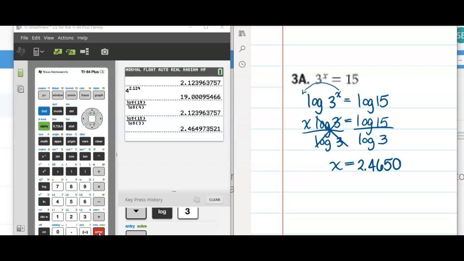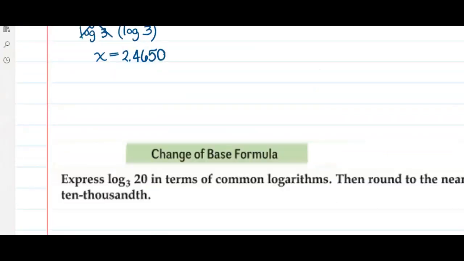Notice you cannot cancel out the word log because you need to remember that the log and the 15, the log and the number that comes after it, they're a package deal. So you cannot just cancel out the word log because it's actually a function that's happening with the number.